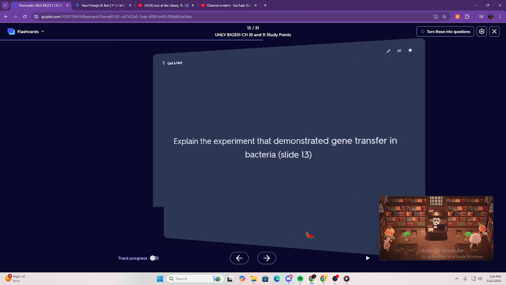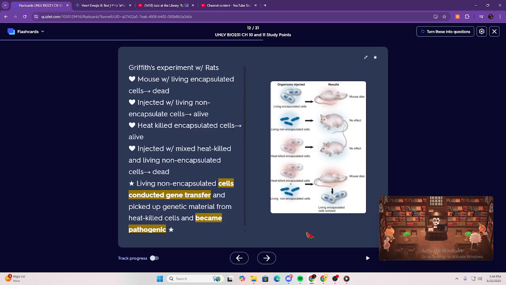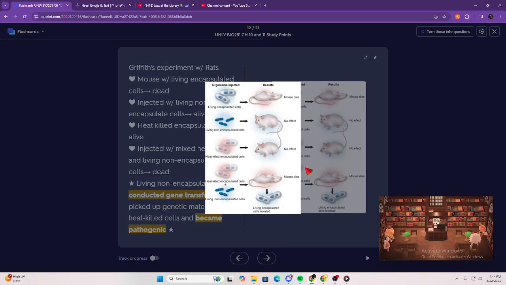DNA is transferred. Okay, so explain the experiment that demonstrated gene transfer in bacteria. This is Griffith's experiment with mice. He injected mice with living encapsulated cells, and the mouse died.